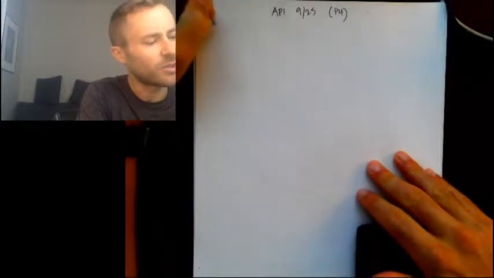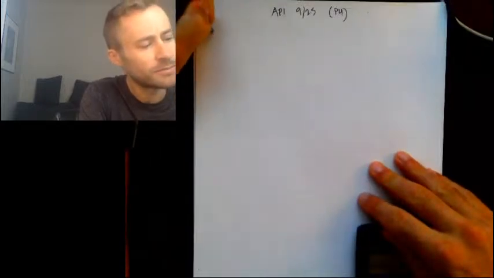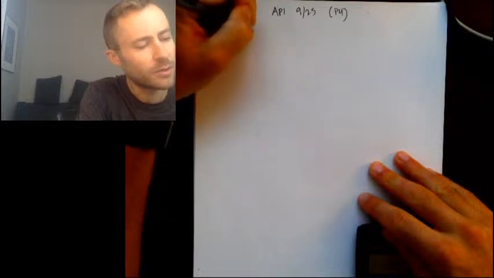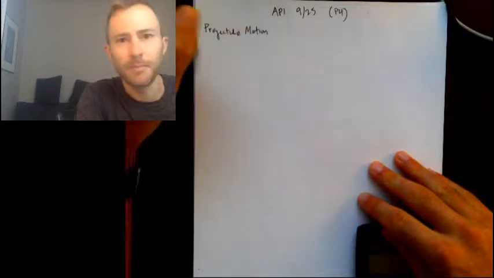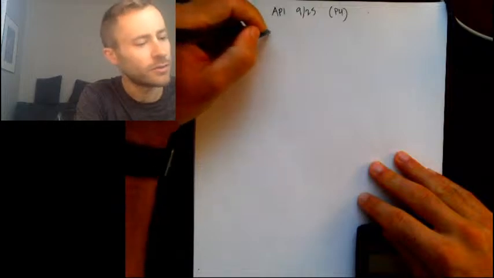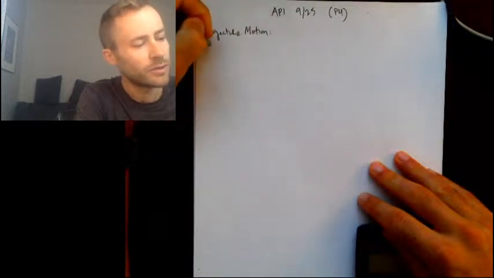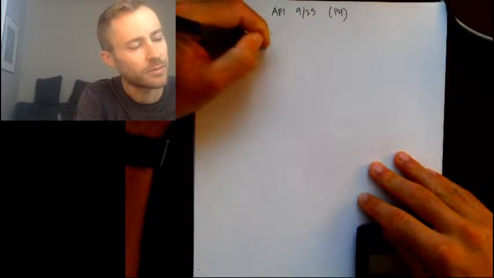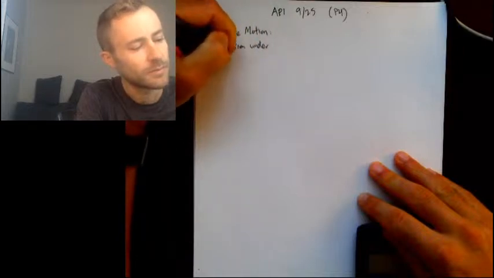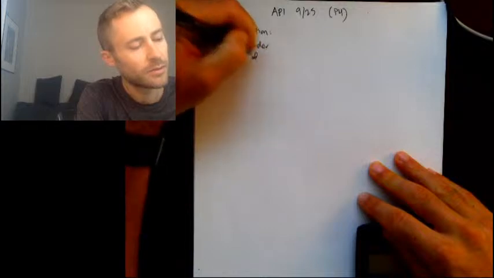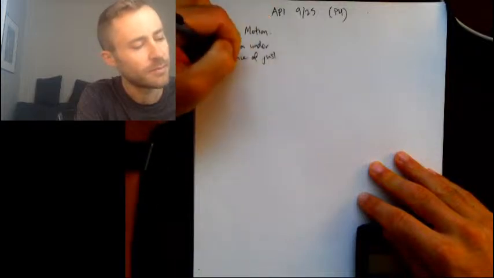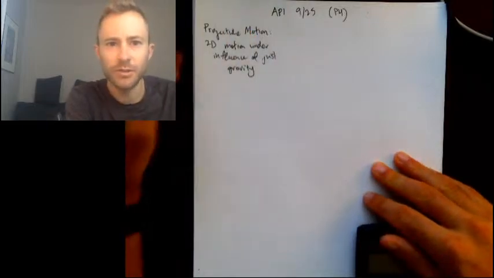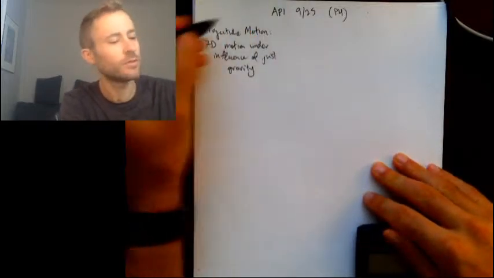So if I was going to define what is projectile motion, it is sort of like two-dimensional motion under the influence of just gravity. Okay? Under the projectile motion, it's two-dimensional motion under the influence of just gravity.